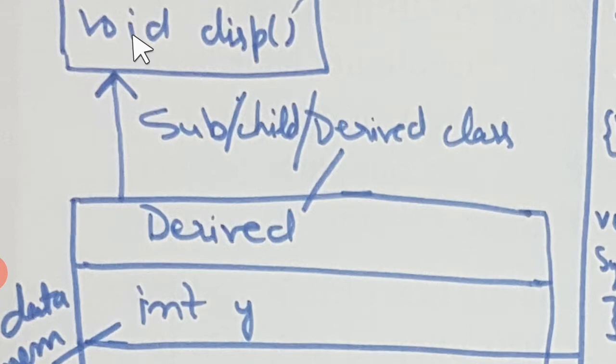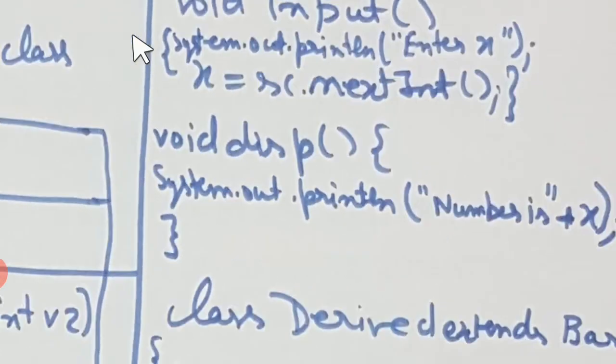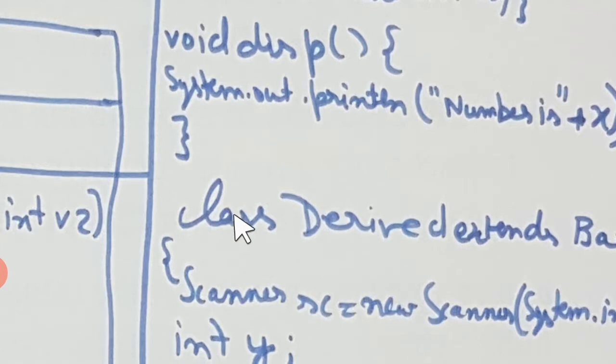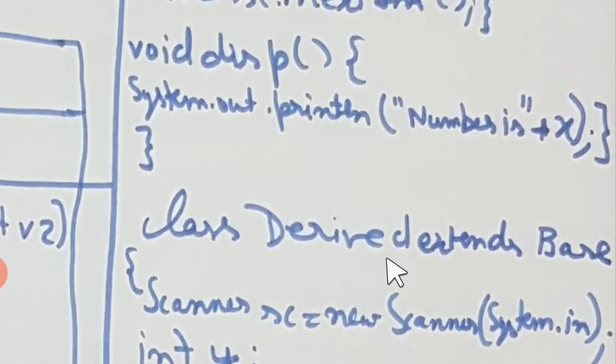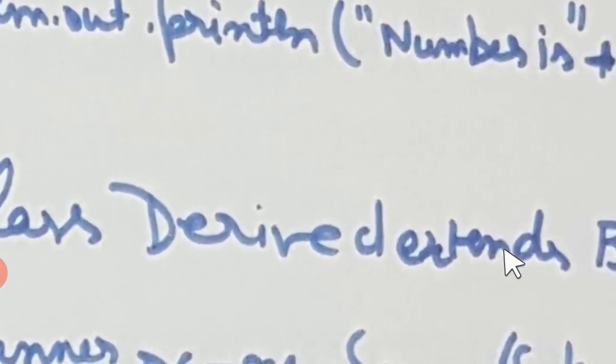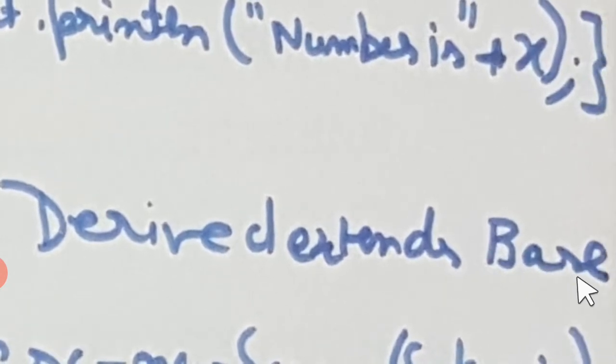All right, now we write class name derived here. Class derived. As I told you that it inherits from the base class, so for that we write, students, extends. Inherits from what? Base. So I've just written the class name. Never write extends class base, just write extends base.